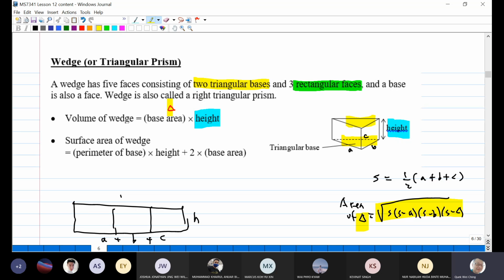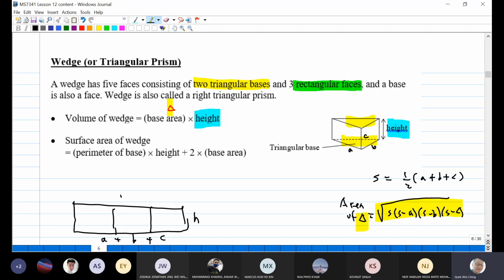Now, how do you find the surface area of the wedge? There are five surfaces. The ones on top and bottom are two triangle surfaces.